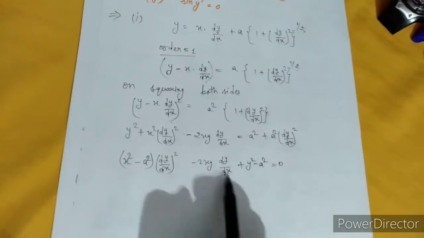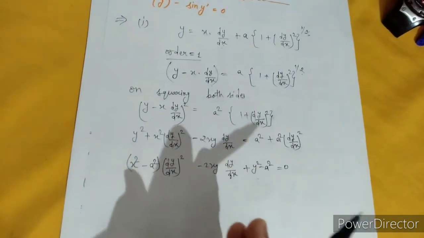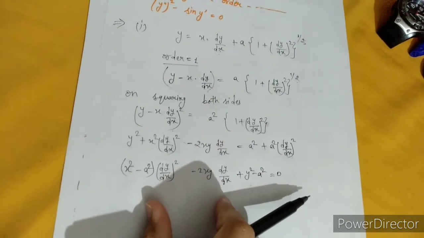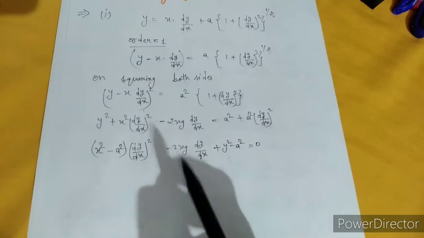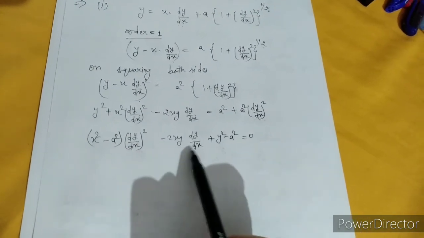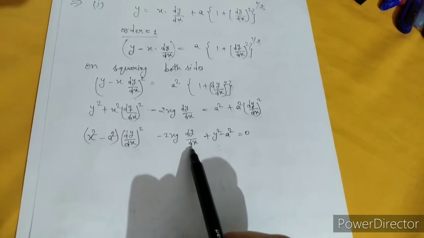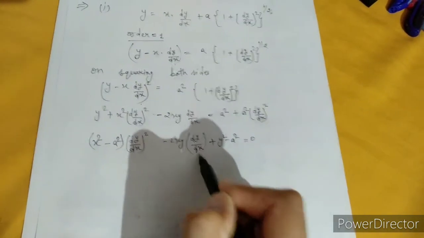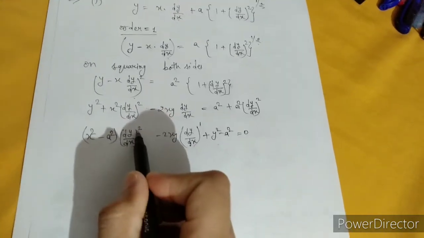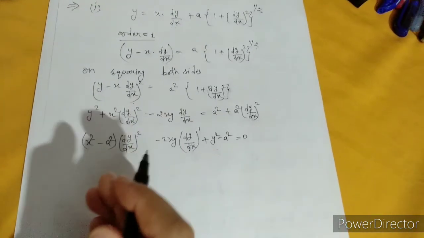Both are the same, but which derivative has the highest power? This function is differentiated with respect to x, and this function is also differentiated with respect to x. So this derivative has power 1, this has 2. So the highest derivative has the highest degree.